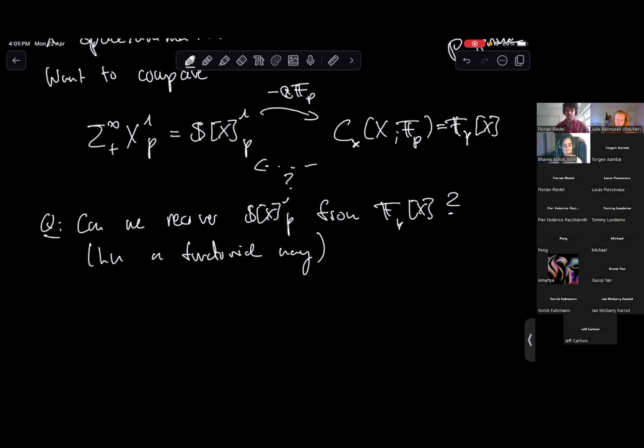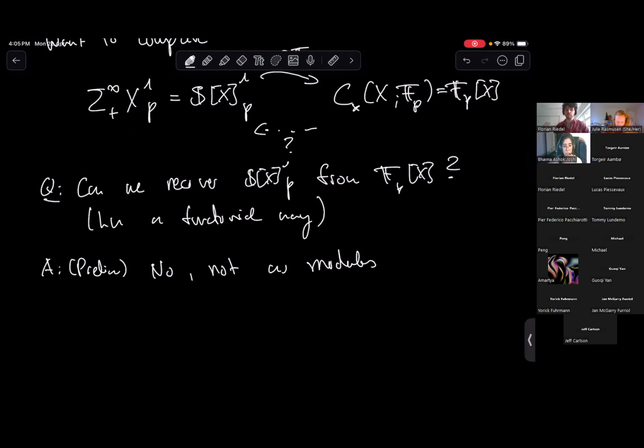The preliminary answer is no, not as modules. If you only consider them as spectra, as an F_p module or a module over the p-complete sphere, then the process of tensoring to F_p strictly loses information. The reason is quite simple.